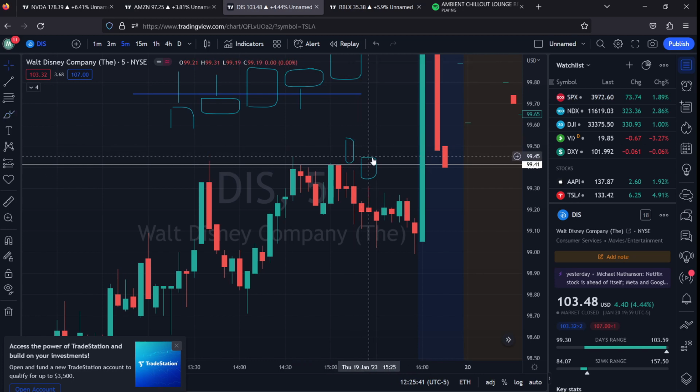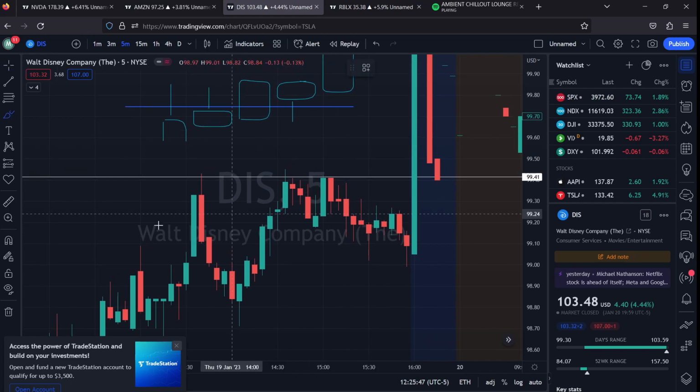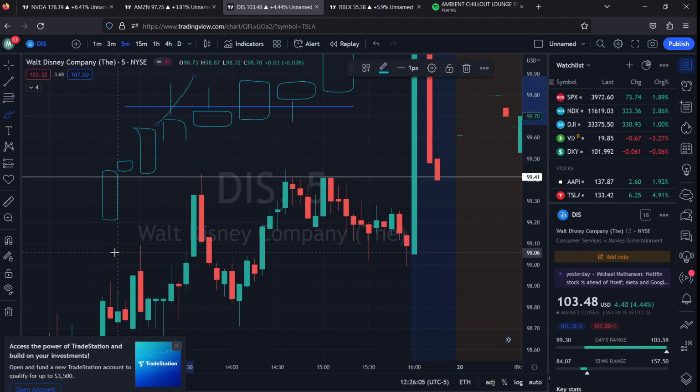If you want to be more secure, you can wait for a confirmation candle to close over. So if you get a candle to close like here, yes, we broke the significant level, I can take calls expecting it to go up, or I can wait for another candle to close either here, up here, and then enter my calls and expect it to continue up.